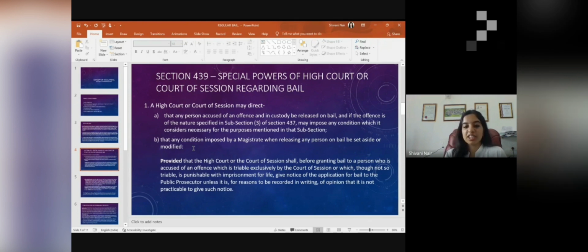And even in such a case, notice of the bail application is to be given to the public prosecutor, unless for reasons recorded in writing such notice is not to be given to the public prosecutor.